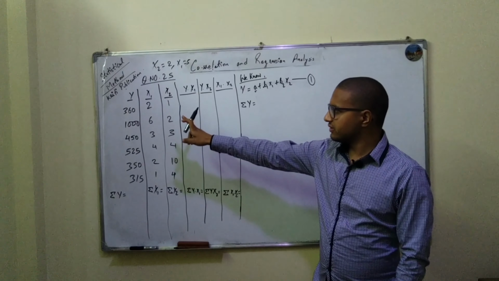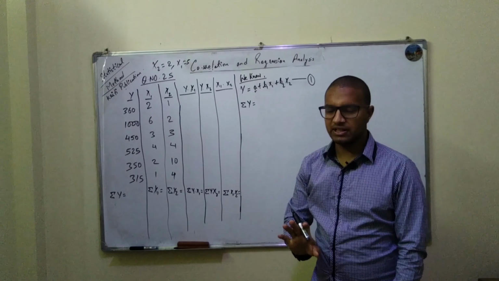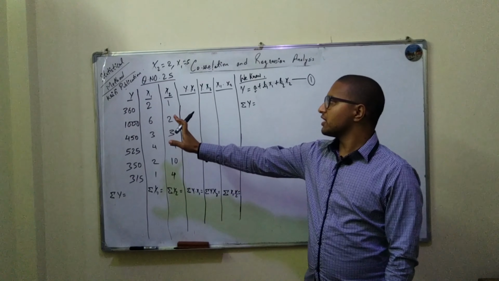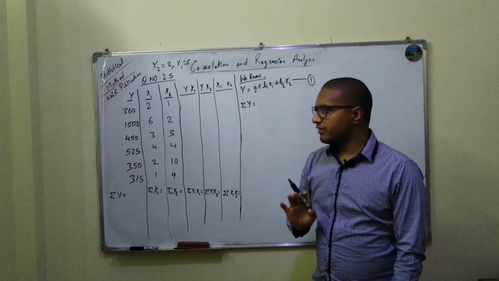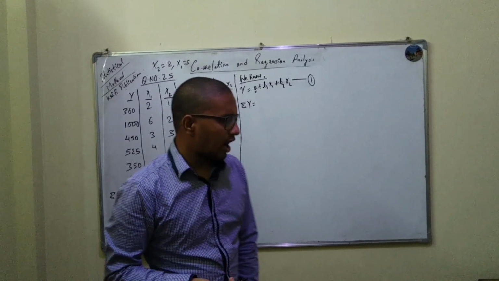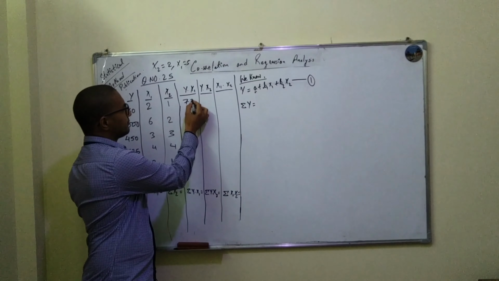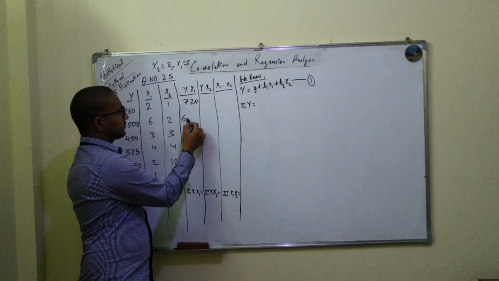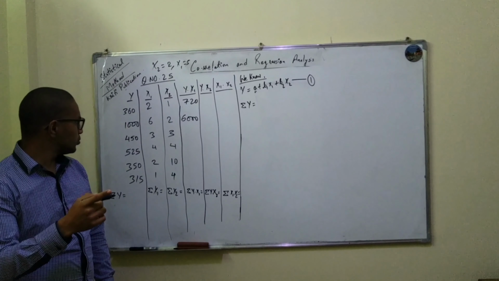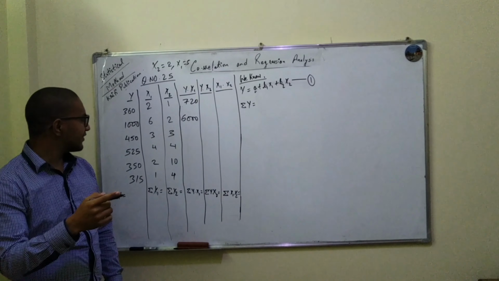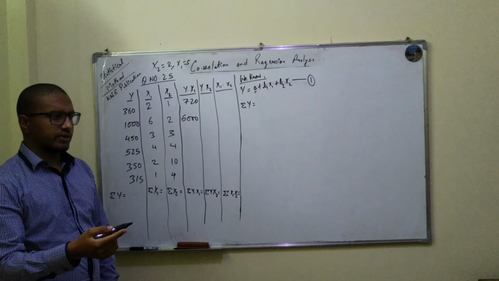What we've been given is 360, 1000, 450, 525, 350, 315, right? We need to multiply the dependent variable and the independent variable, the first independent variable. So when we do that, how much do we get? 360 into 2, 720, right? Then 1000 into 6, 6000. 450 into 2 would be 900, and then 450, so that would be 1350.